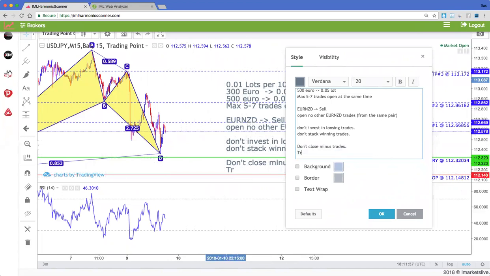But trades in profit, you can always manually close. If you have trades in plus, at this moment our British pound New Zealand dollar from this afternoon is more than 7 euro plus. Maybe we are looking for 8, maybe 11, I don't know exactly anymore.